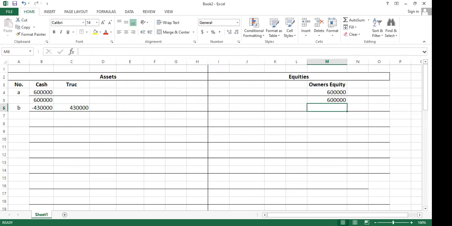This is also the same, because 430,000 is added and 430,000 is subtracted, so the balance does not change. Cash is now 170,000.